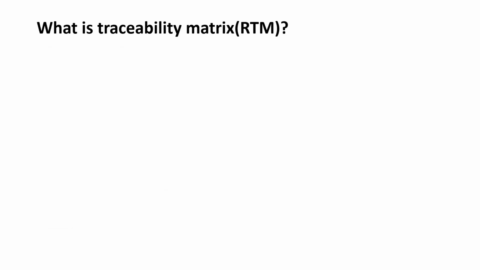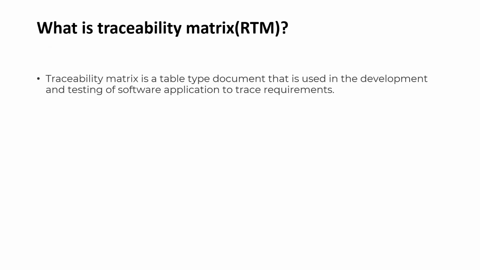Now we'll see what is traceability matrix. Traceability matrix is one of the important topics for interview and as well as for your testing. Traceability matrix is a table type document that is used in development and testing of software application to trace the requirement.